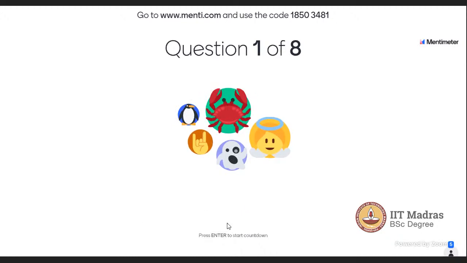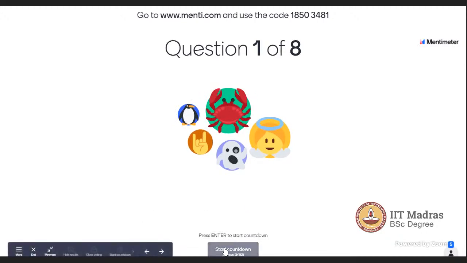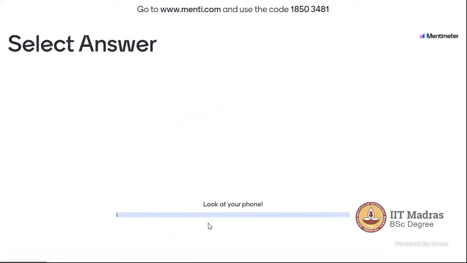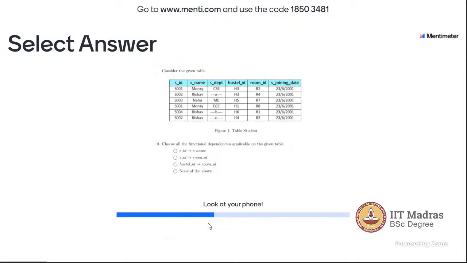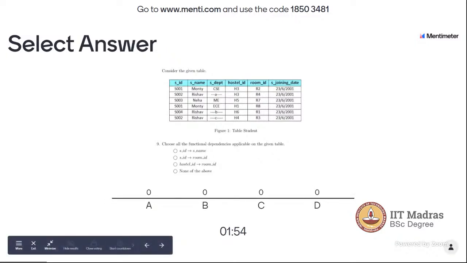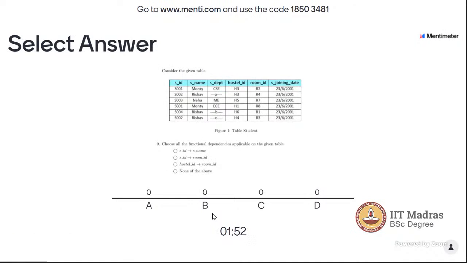I guess I can start now. Now here is the first question. You have to answer within 2 minutes. If the image is not visible in menti.com, you can see it here.